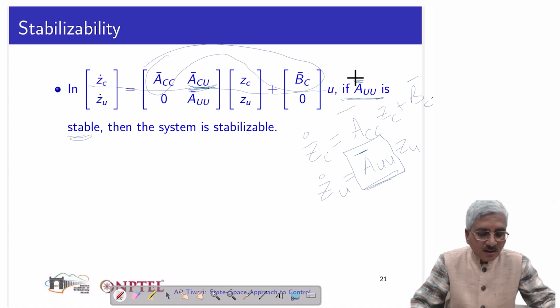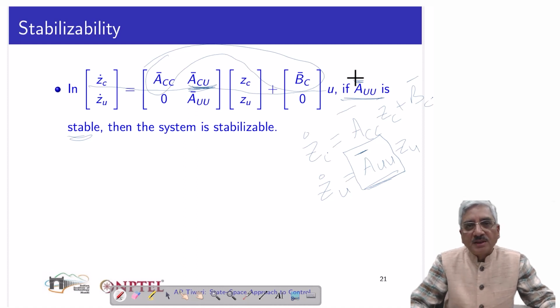Why? Because for the controllable part we can design a controller to meet performance specifications, and the uncontrollable part is stable, so that dynamics will disappear as time increases, and the overall system will perform with some limits on performance specification.